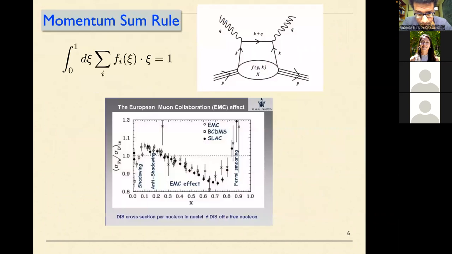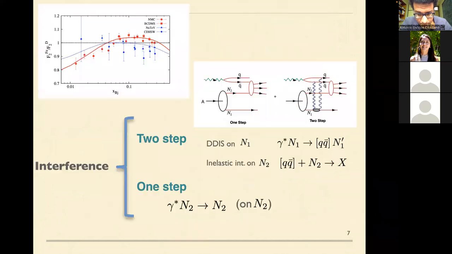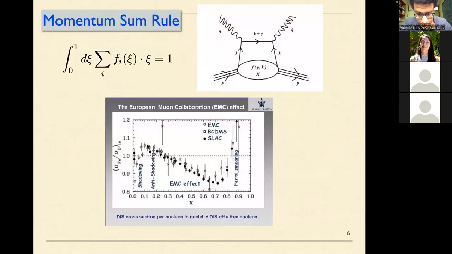Okay. So this is a Feynman x or something like that, right? Yeah, well, it's a momentum. In deep inelastic scattering, the Feynman x, the Bjorken x, yeah.